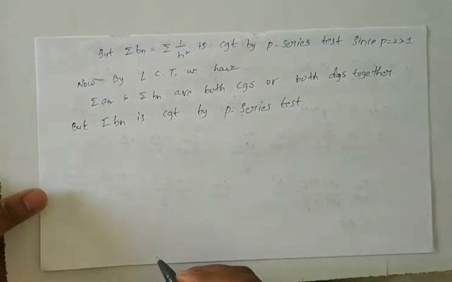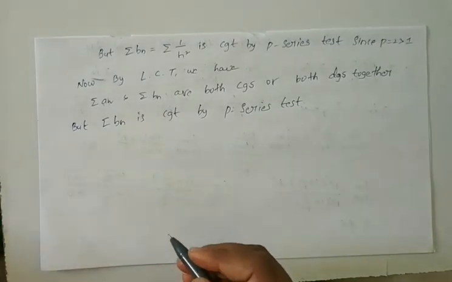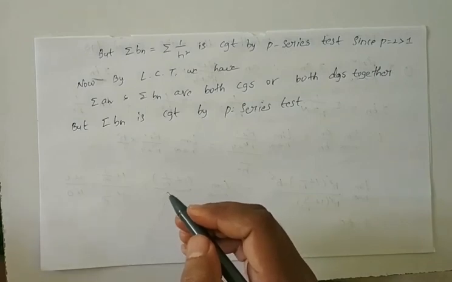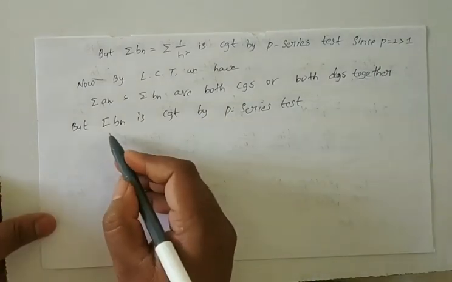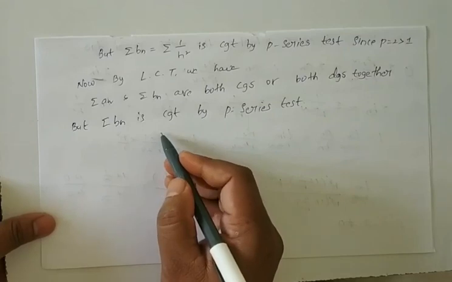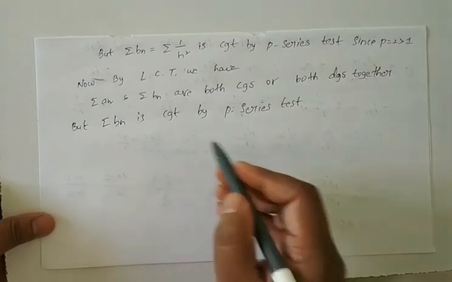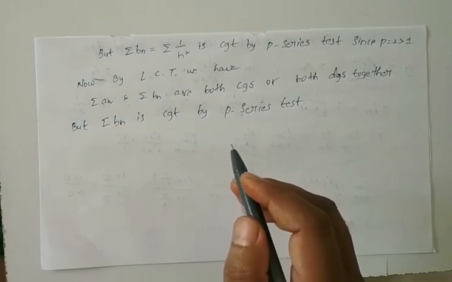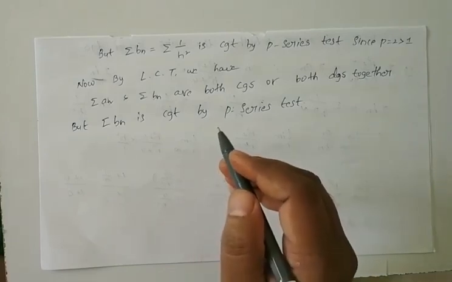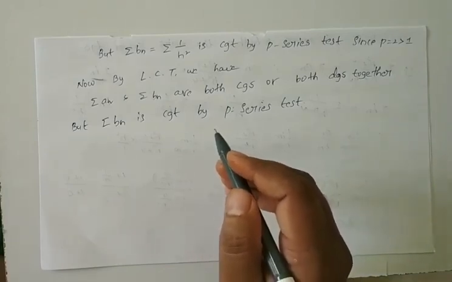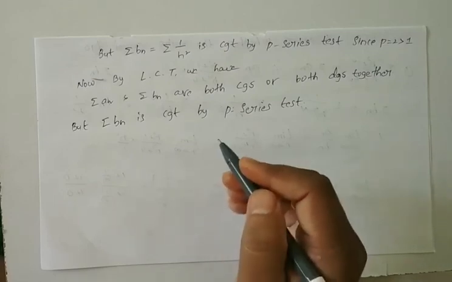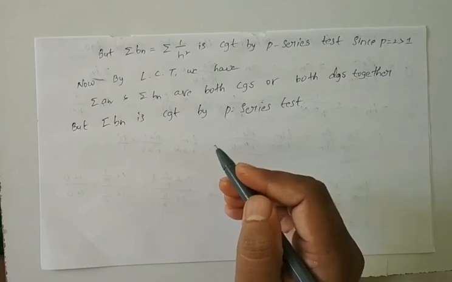We already know that if L is finite and not equal to 0, then either both series are convergent or both series are divergent. That means if one series is convergent, then the other series must be convergent.